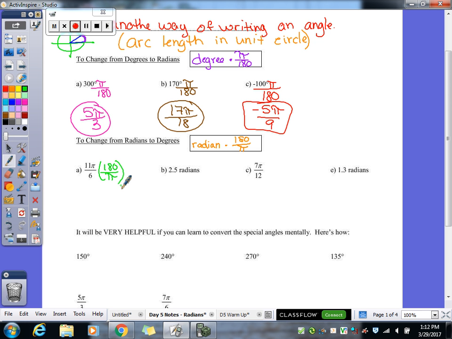What happens with our pi? Cancels. One's from the top, one's from the bottom, so they cancel each other out. So all we have to figure out is 11 times 180, and then divide it by 6. 330.